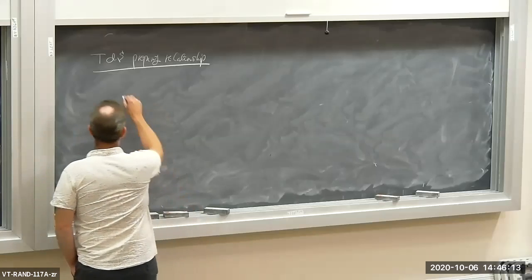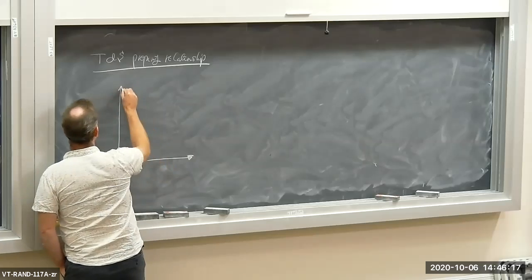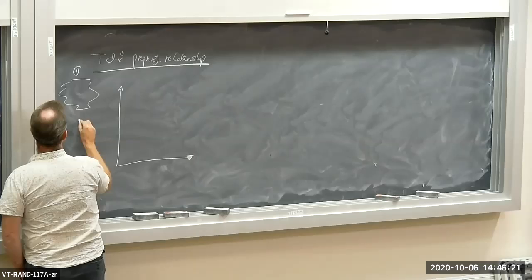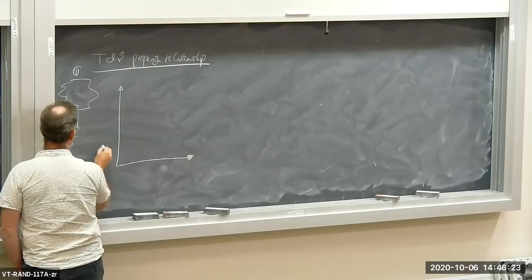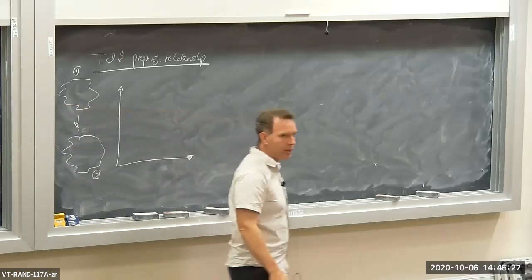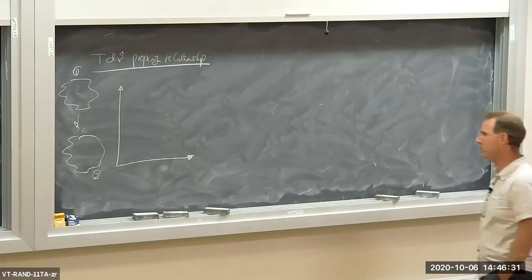Okay, let me start off with a system. And this system moves from state 1 to state 2. Okay, state 1 to state 2. Now, this process is going to be a differential process.